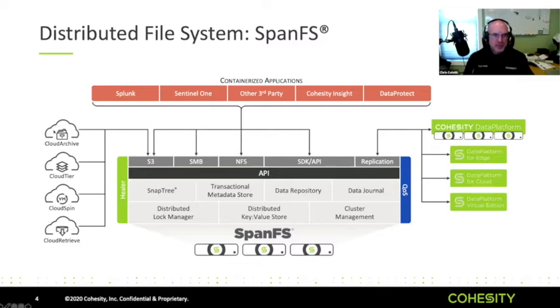We do have direct connectivity into different cloud components. And again, these are the names of the features, but cloud tier is our ability to scale the file system out into an S3 or other cloud bucket. So we'll move the cold data out to cloud and then bring it back if it's needed. Cloud archive is simply the ability to take backups, keep a copy locally, and then send an archive copy out to a cloud bucket for 365 days or 7 years or however long you want to keep it.